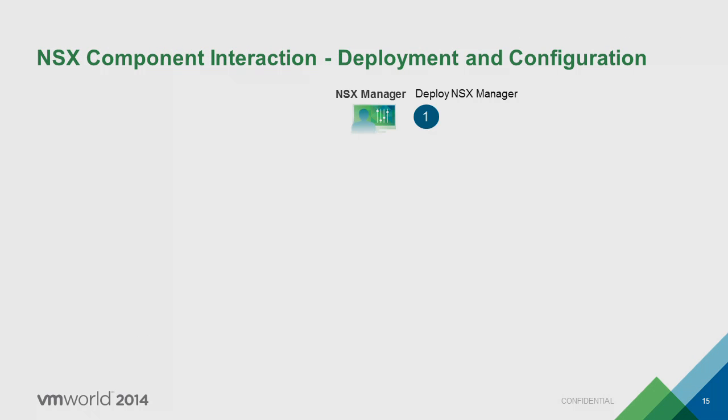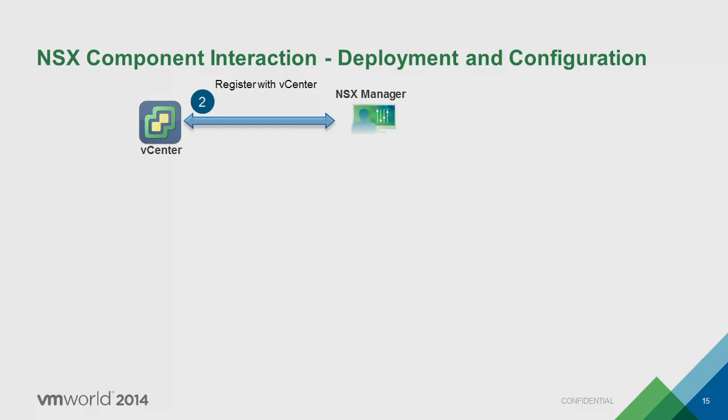Now that we have seen all the components, let's talk about some of the interactions between these components. Let's take a specific workflow, which is the preparation and installation of the system. When we install the system, the first thing we do is deploy an NSX Manager appliance. Then we register that with vCenter.